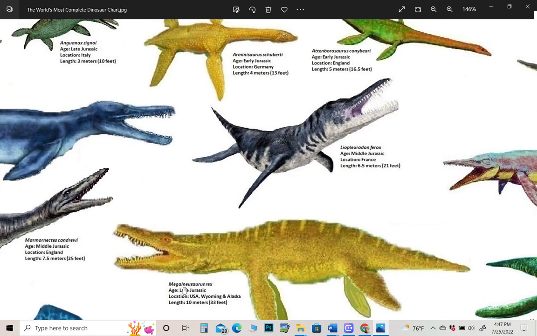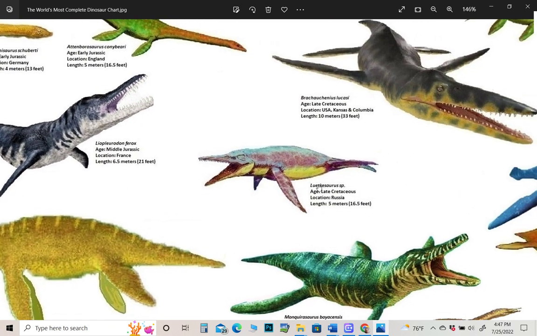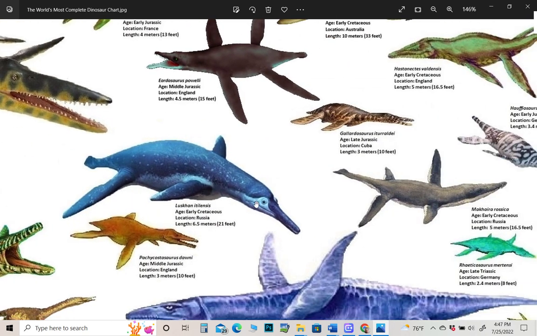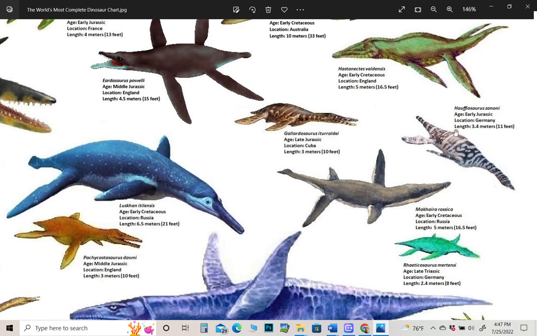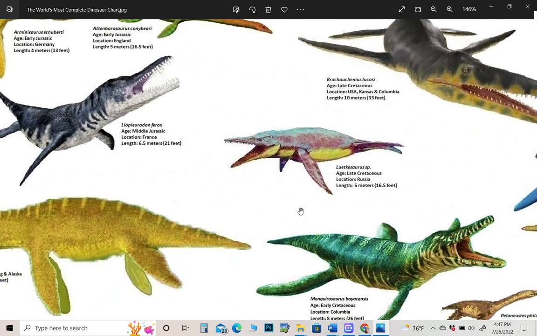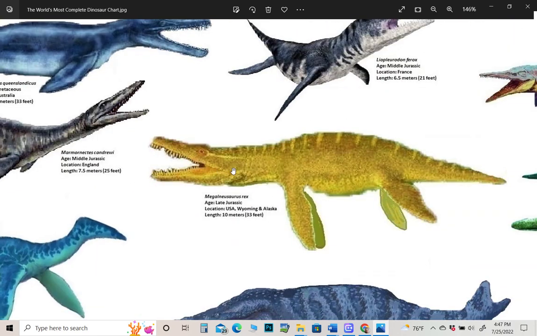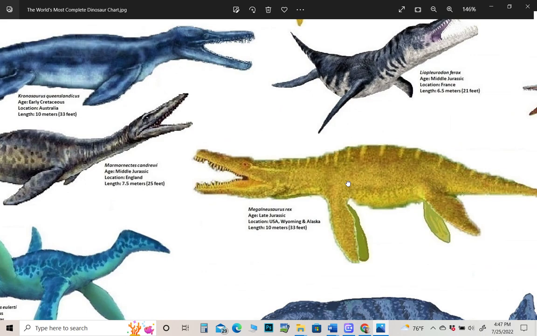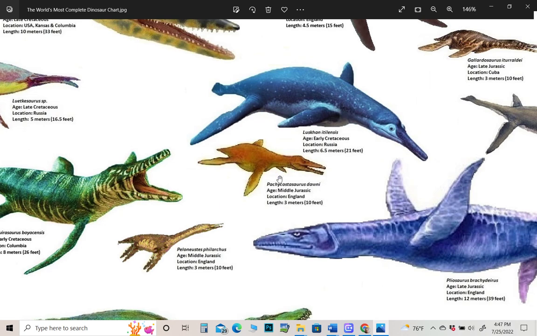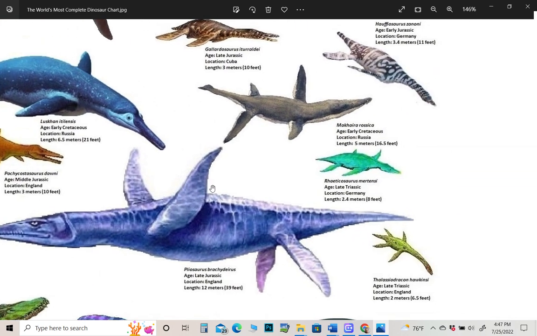Marmonectes, Megalnusaurus, Leopleurodon, Luticosaurus, Luscon, Gallardosaurus, Halphiosaurus, Mykyra, Reticosaurus, Pachycostosaurus, Marmoronectes, Megalnusaurus, Monquirosaurus, Peloneustes, Pachycostosaurus, Pliosaurus, Reticosaurus, Thalassiodracon. And I got my Kyra right?